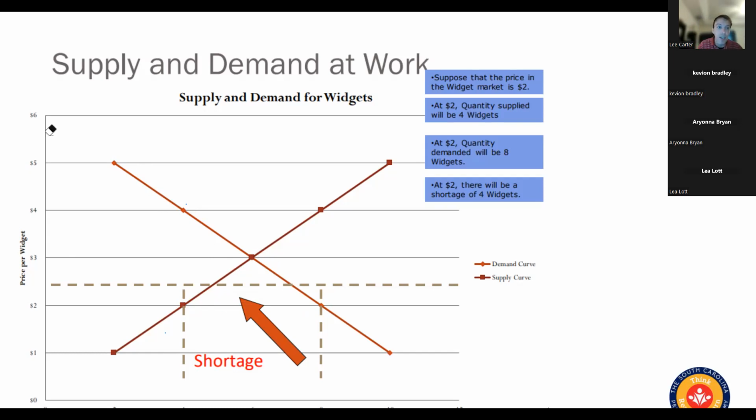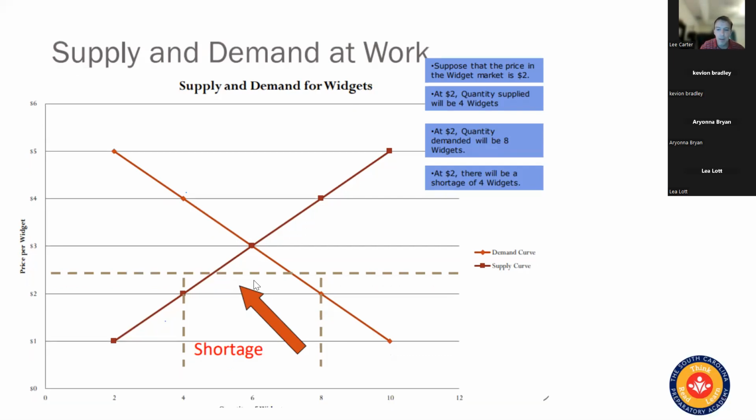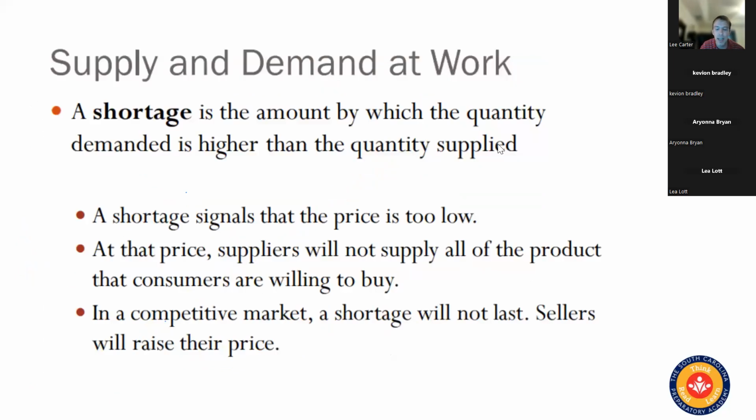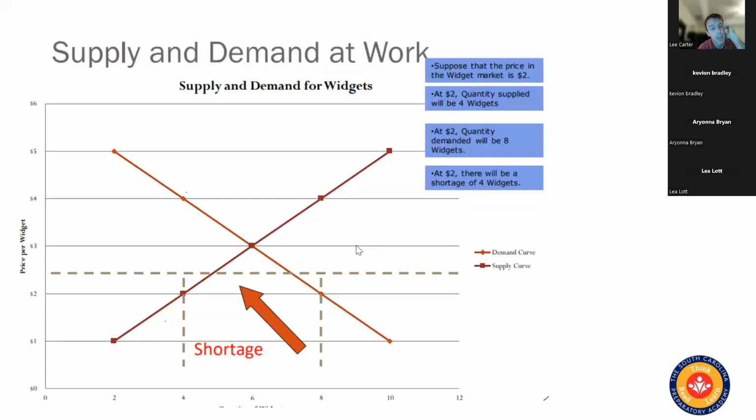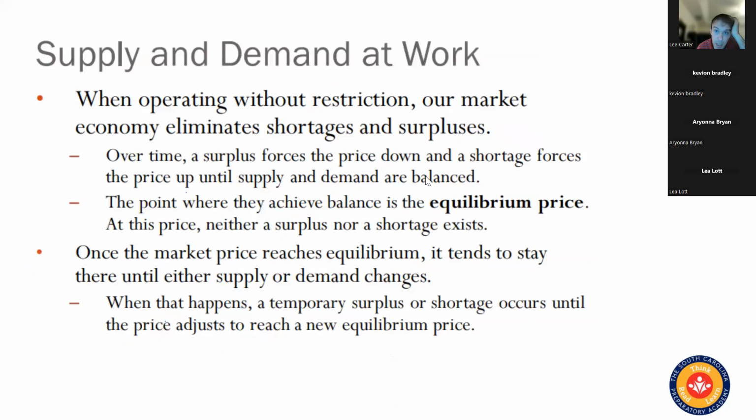The equilibrium is being met there because they're making money and people are buying. So again, a shortage is when there is not enough being made for the demand that's out there, meaning that the price needs to rise. So that's supply and demand at work.